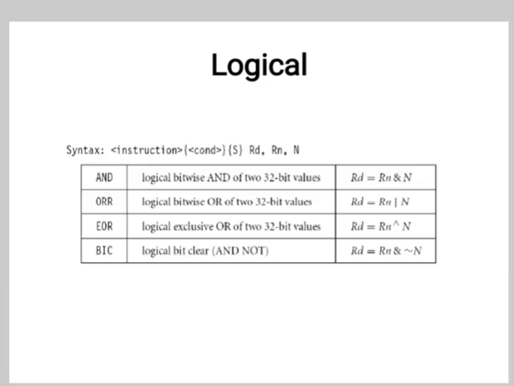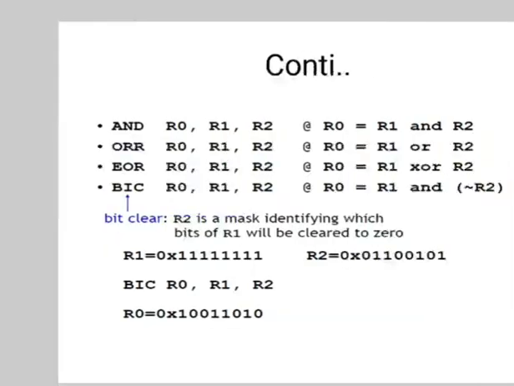EOR is exclusive OR of Rn and N, and it is stored in Rd. And the final one is logical bit clear, that is AND NOT. Here the second operand clears the corresponding bit in the first.